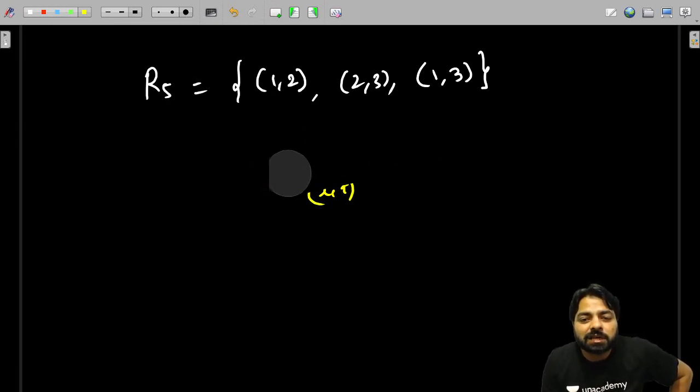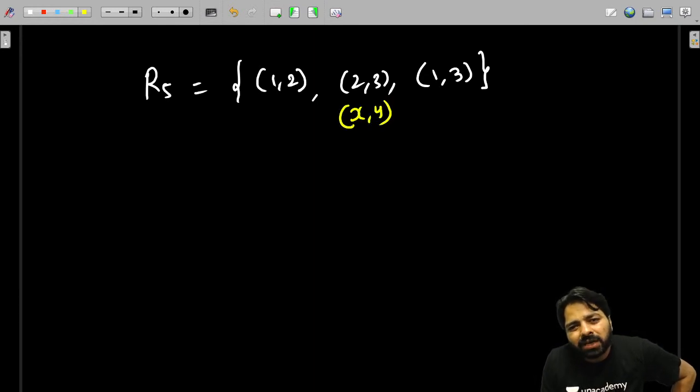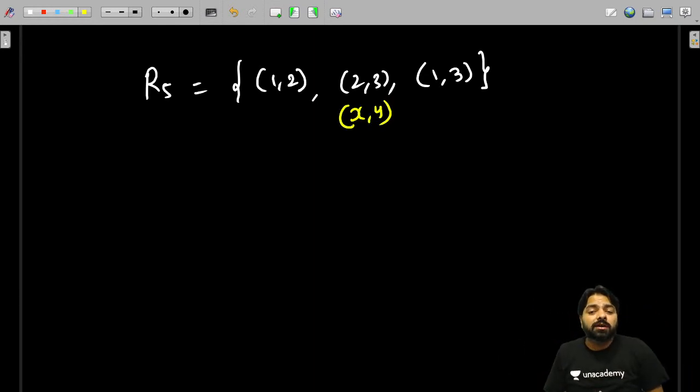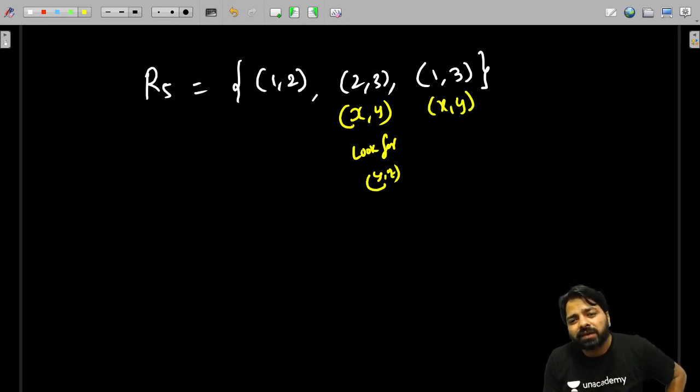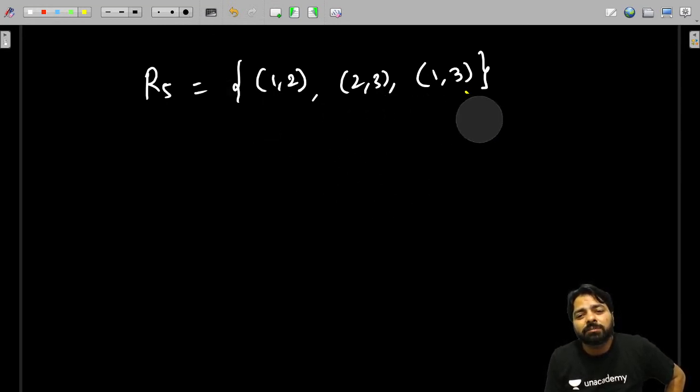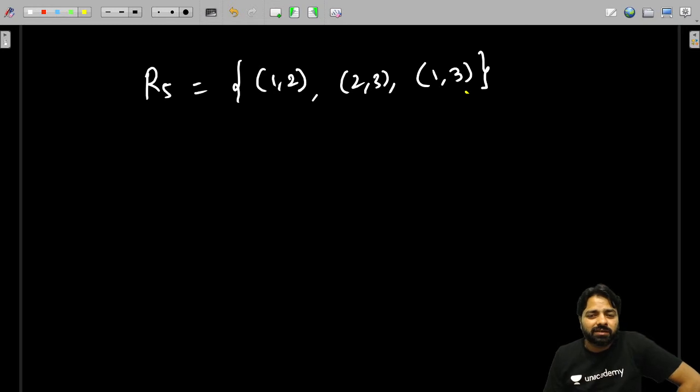But after this, immediately plan. Assume this is x comma y. Now look at, is there any y comma z? Because sometimes it is possible y comma z might be there. (3,1) might be there somewhere. Right? So look for y comma z. There is no y comma z, fine. Assume this is also x comma y, and y comma z, 3 comma something, is not there. That means it is a transitive relation. Everybody?